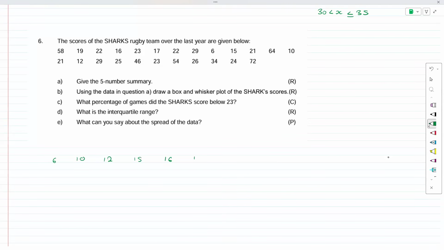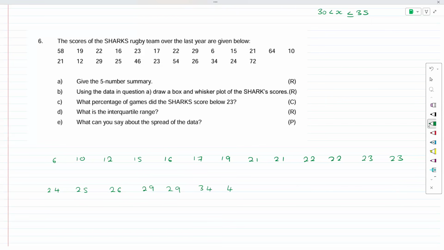15, 16, 17, 19, 21, 21, 22, 22, 22. That's 22. Okay, sorry guys. 22, 22. That's 23, 23. Please double check everything. That's 24, 25, 26, 29, 34.